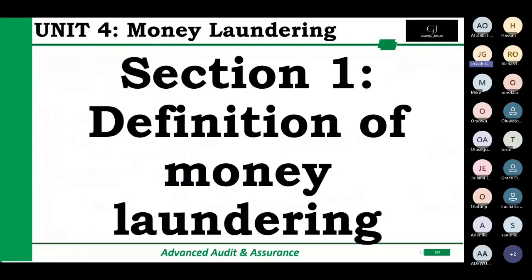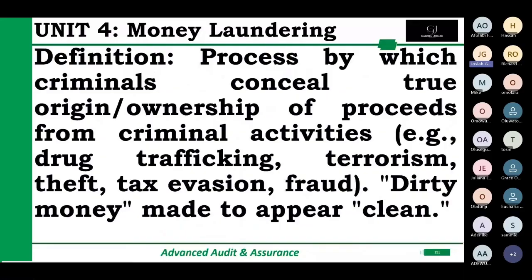So the definition of money laundering speaks to a process by which criminals conceal true origin, ownership of proceeds from criminal activities, and they permeate around drug trafficking, terrorism, theft, tax evasion, fraud. So money laundering is dirty money laundered to make it look clean.